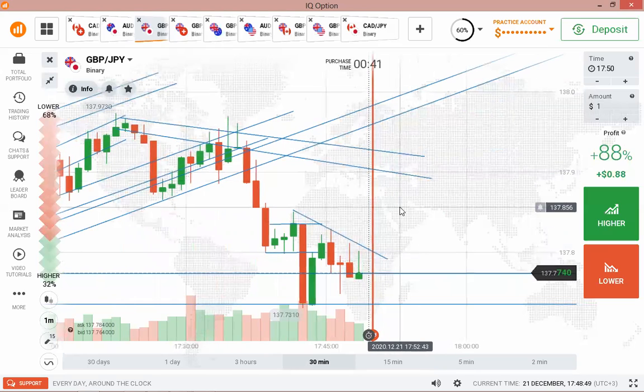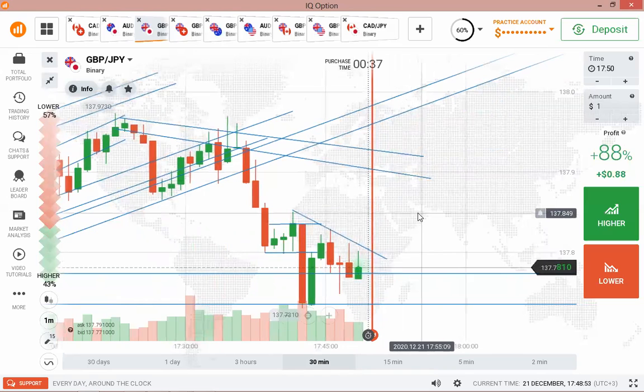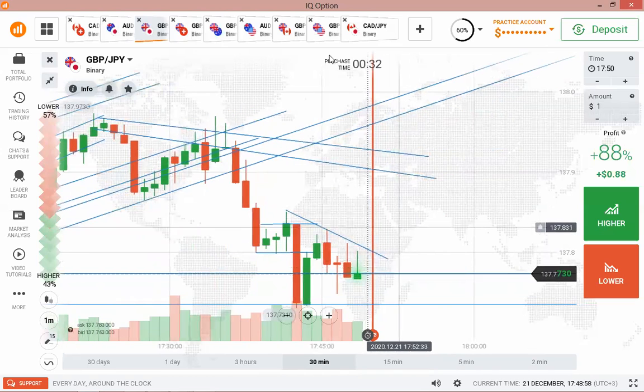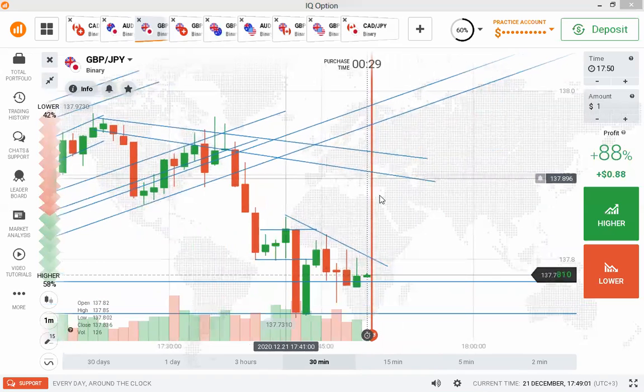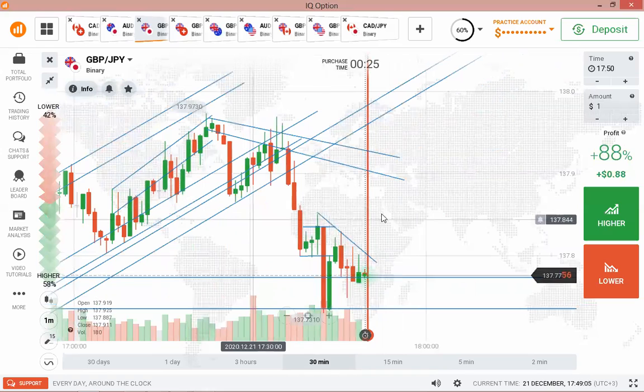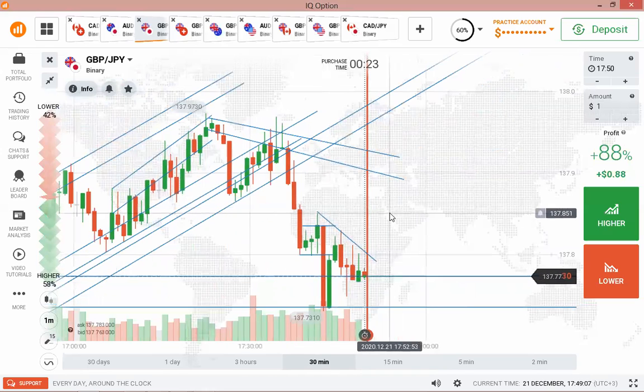So I think this will be our last, but let's see what's going to happen here. This will be our last explanation. So next class, I'm going to explain more about the indicators, how to use indicators, and support and resistance.